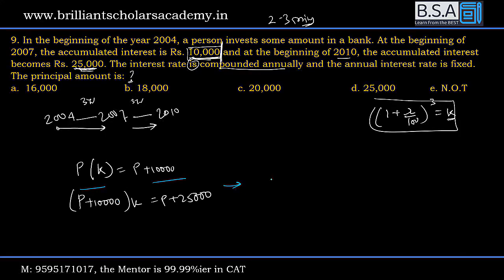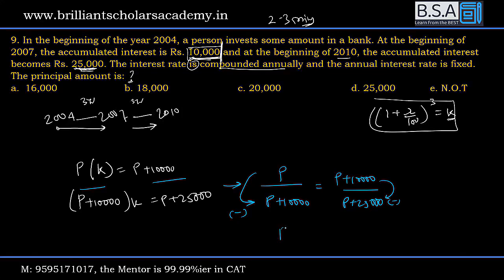If I do this, I have P upon P plus 10,000 is equal to P plus 10,000 upon P plus 25,000. Don't even think about multiplying across. You will generate large equations. Do you remember ratio, proportion, componendo and dividendo? Subtract. You bring it down and subtract.